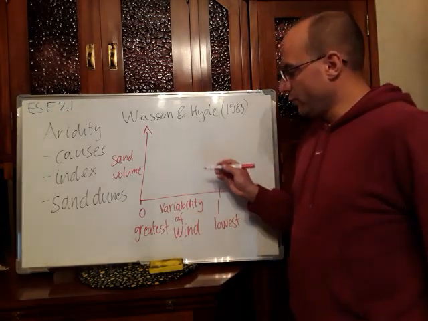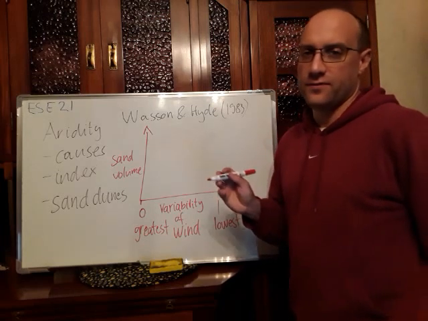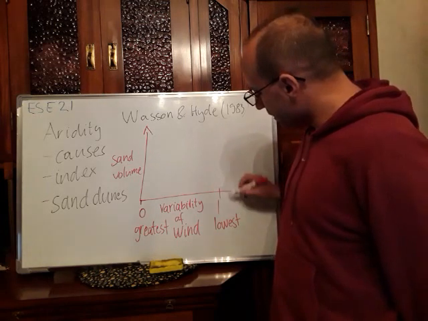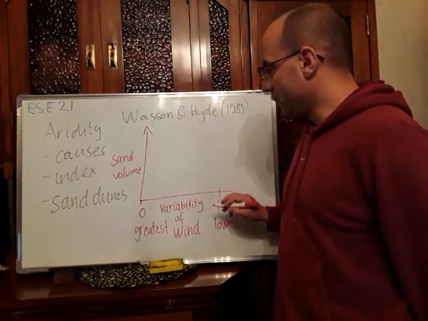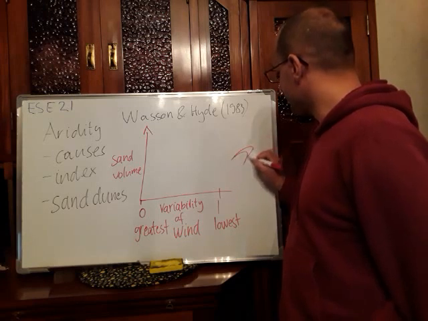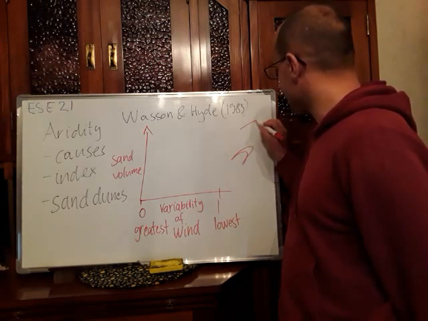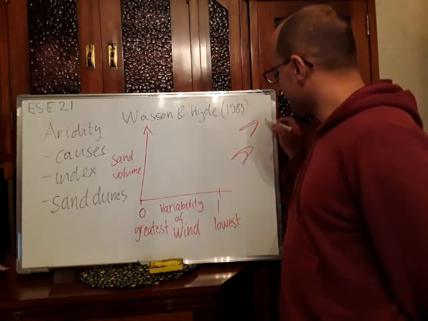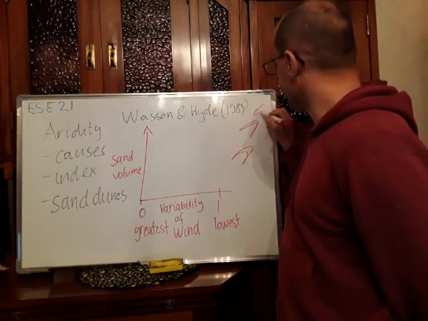And so we had 4 different types of sand dunes we were talking about. The Barkhan, we said, develops when there's only one wind direction. So this is how a Barkhan would look like. And here we said that there's this wind direction.